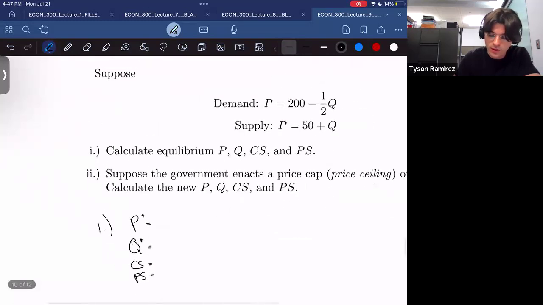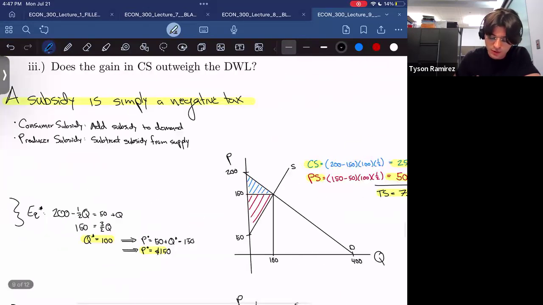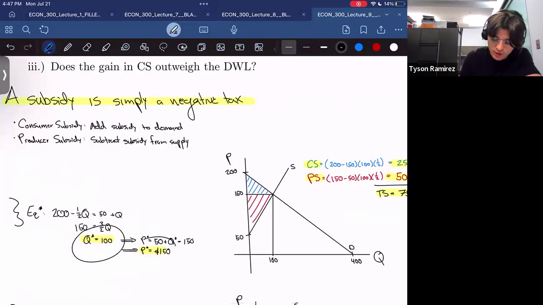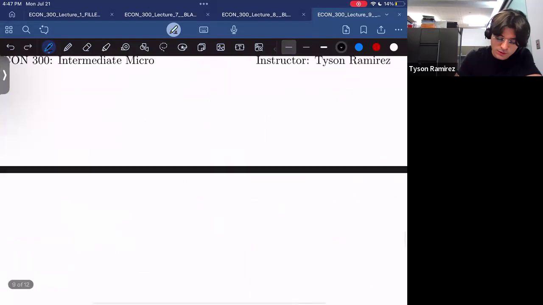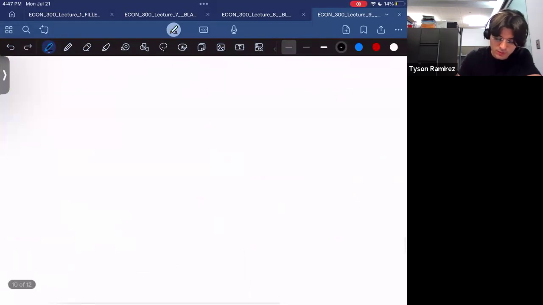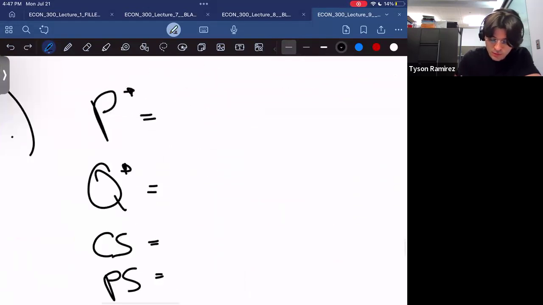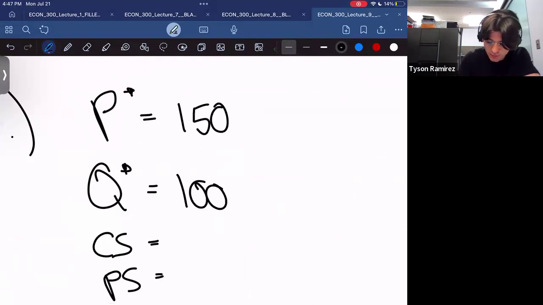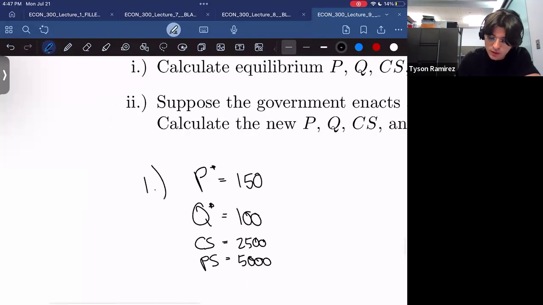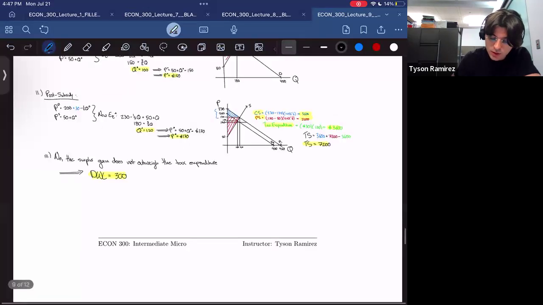If we look above at the pre-subsidy case, we had 100, 150, 2,500, and 5,000. Make sure that's correct.